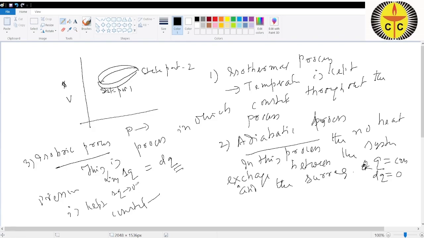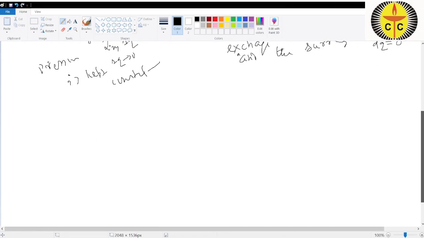Next type of process is the isochoric process.